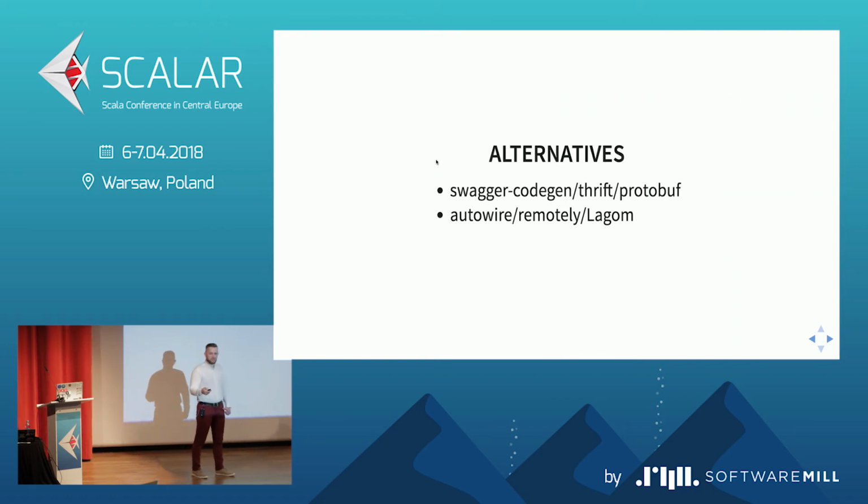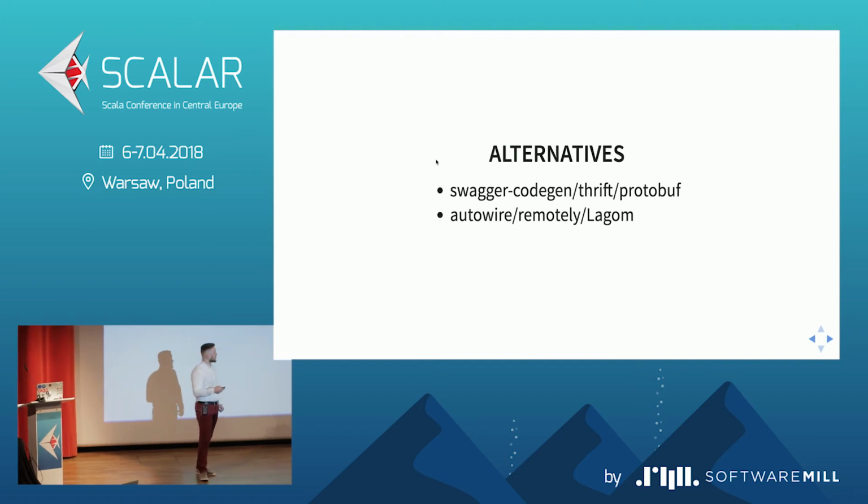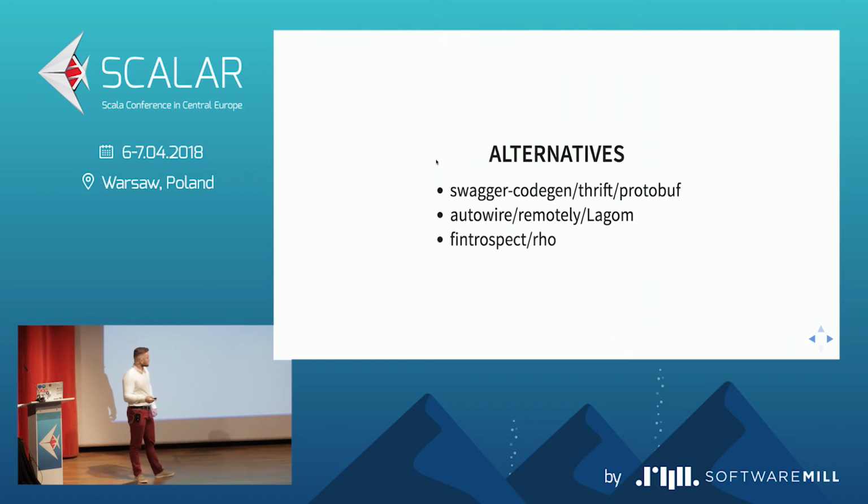And the problem with them is that you can't specify HTTP semantics, and because of that, you cannot achieve RESTful APIs. And there is FinTrospect and Rho, which are quite similar, but FinTrospect is specific to the Twitter ecosystem, and Rho is kind of in progress or not ready yet. So not much of an alternative.